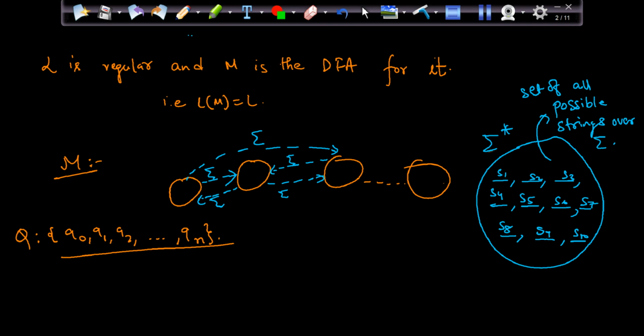Let's say these strings are S1, S2, S3. These are the strings that will always end up at Q0. Similarly, at Q1, there will be some set of strings which will always end up at Q1.